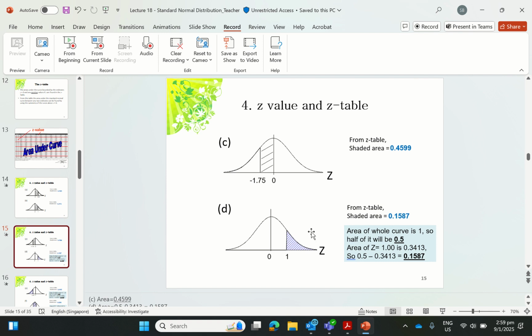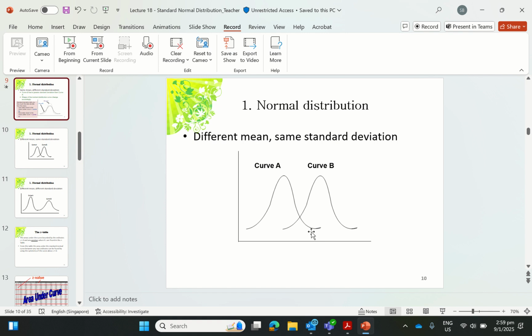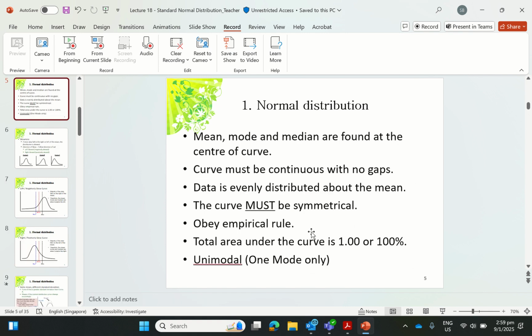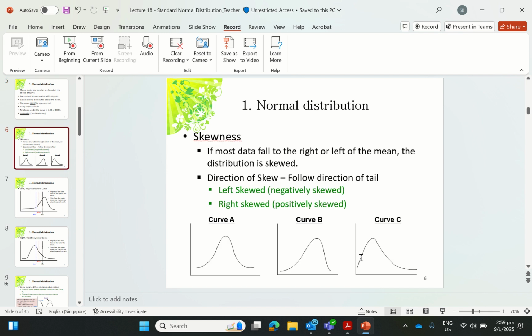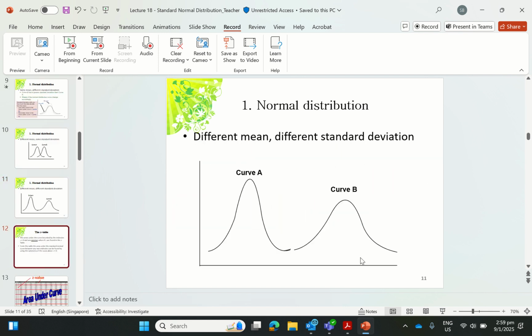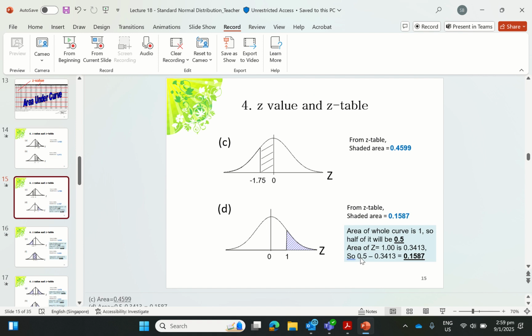This comes from what we discussed just now, that the total area under the curve is 1. So you go back to your curve. This whole area here is 1. Now we are at the right side here. The right side is 50% and the left side is 50%.